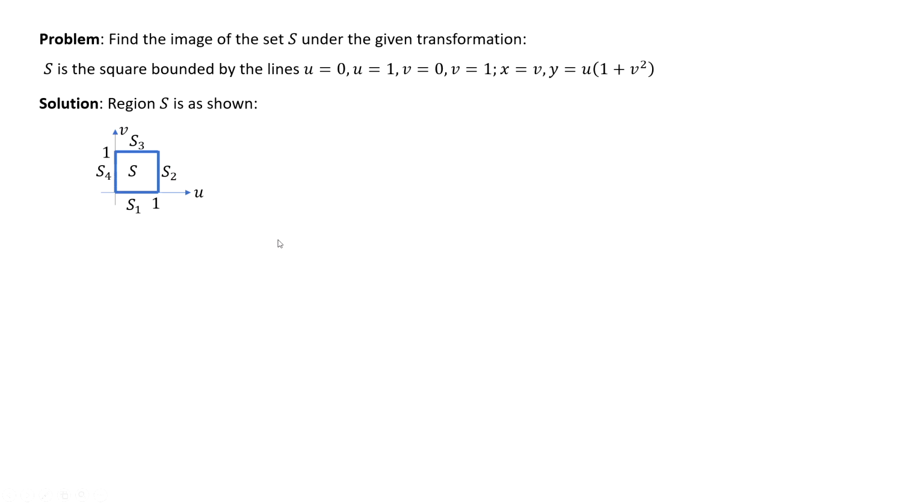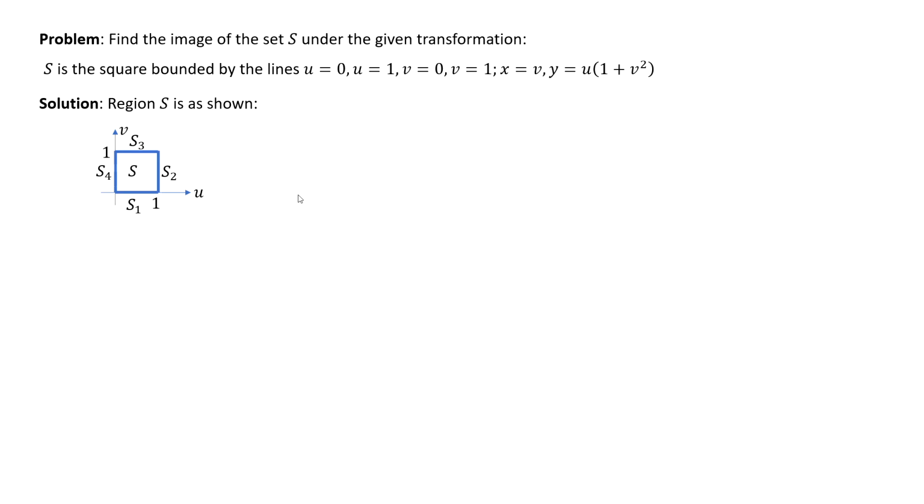Now the question is, if this is what you are given, can you figure out what R ought to be? What region R in the XY system is? What does this region transform to in the XY system, given that the relationship between XY and UV is this? That's what we are supposed to find.